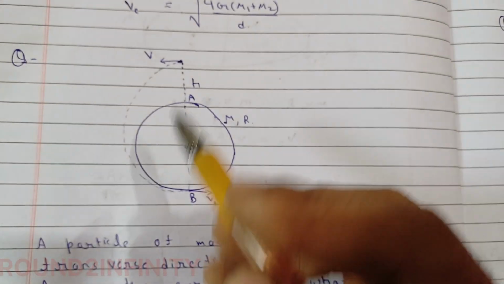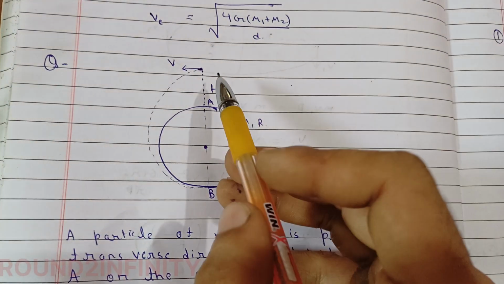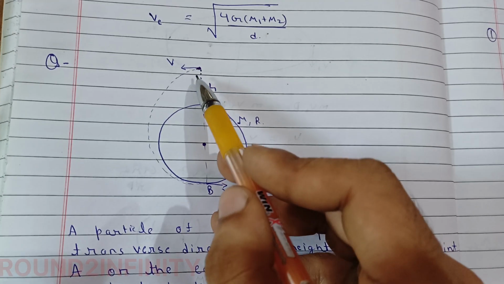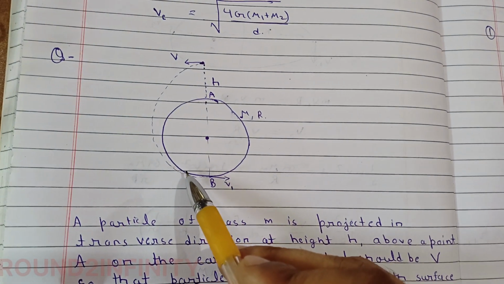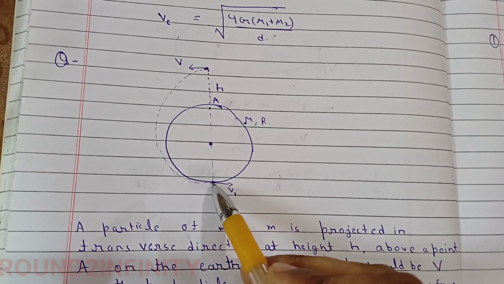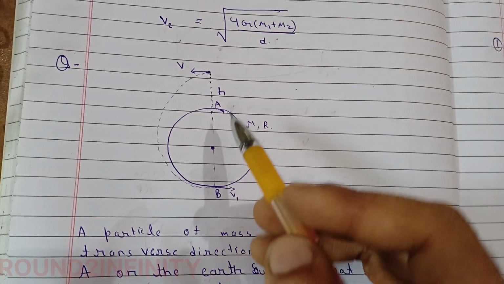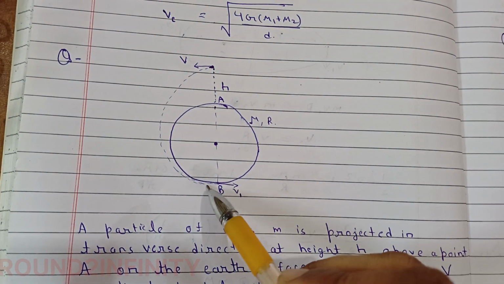So a particle is projected from here such that it will go along this projectile path, and it will graze the point B. Grazing means it is just touching the ground at B. So you need to find the velocity v so that at point B it will graze the ground.